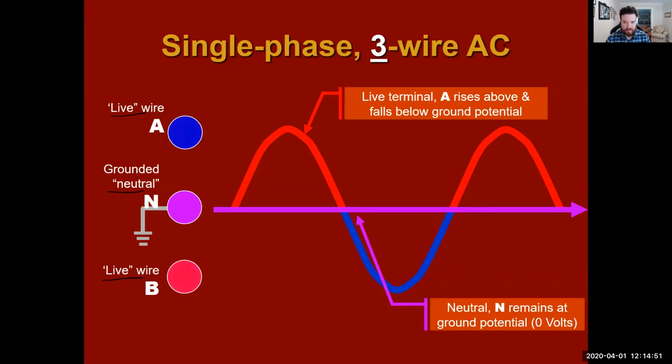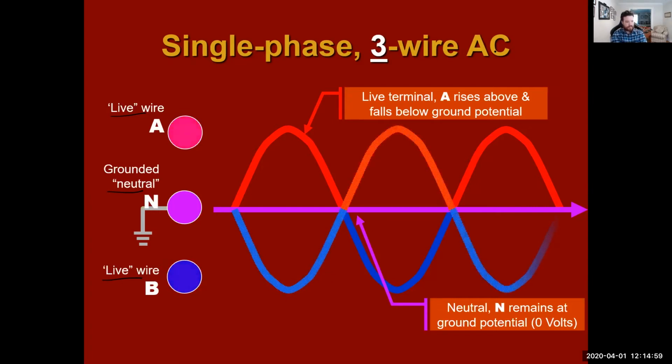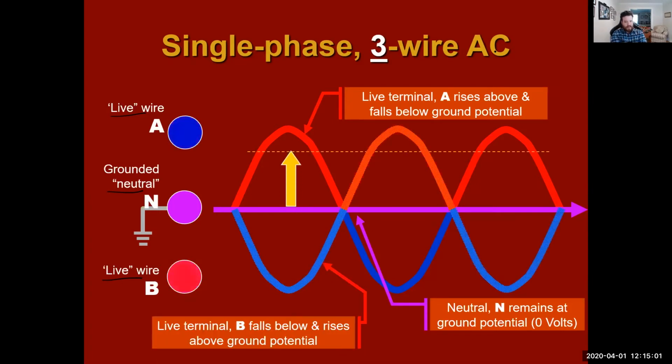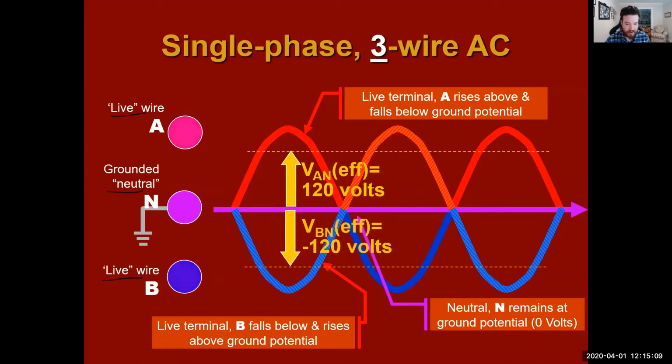So live terminal A rises above and falls below the ground potential. And live terminal B falls below and rises above the ground potential. Both live wires are at 120 volts. So if we take their effective value in between the two, we get 240 volts.